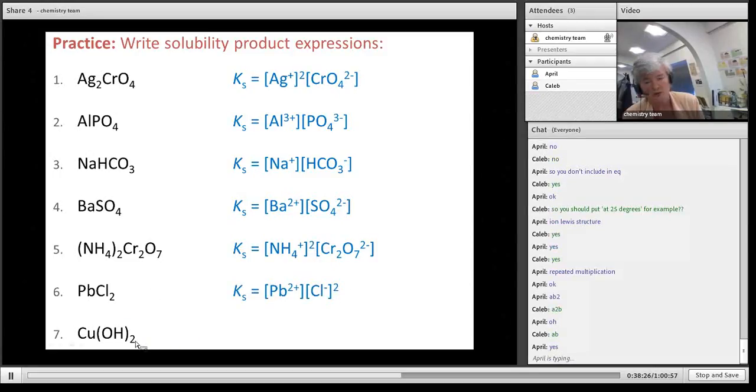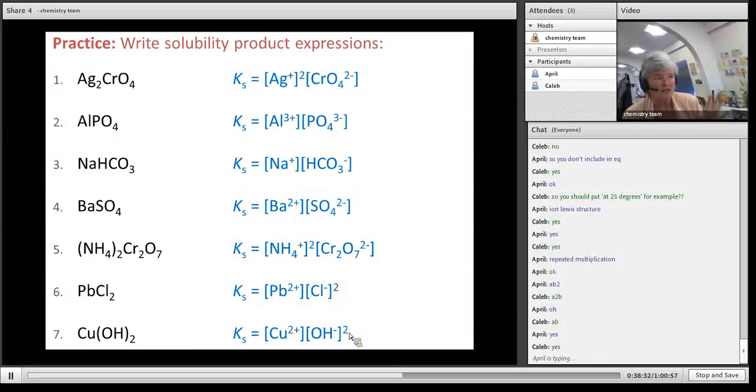And here I've got 2 hydroxides, so I raise the hydroxides to the power of 2. So do you think you can write the expressions? Yep. Okay. So make sure that you're very accurate by also including the charges.